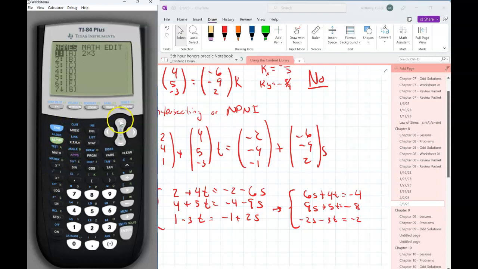Exit back out, go back to my matrix menu, grab that RREF command from the Math tab, and then do that to matrix A that we just made. So I get that S is -2 and T is +2.